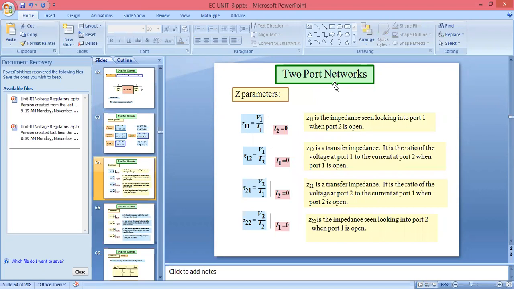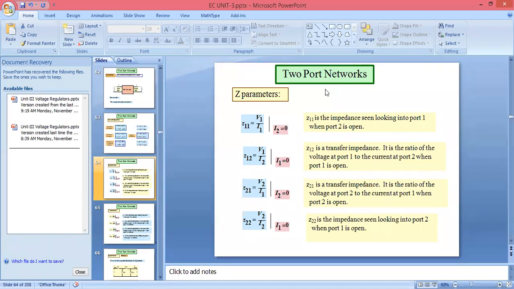When we study the Z parameters, by using the Z parameter we will get the value of Z. It is nothing but the impedance. And what we have seen in the Z parameter, the voltages across port 1 and port 2 are dependent variables.